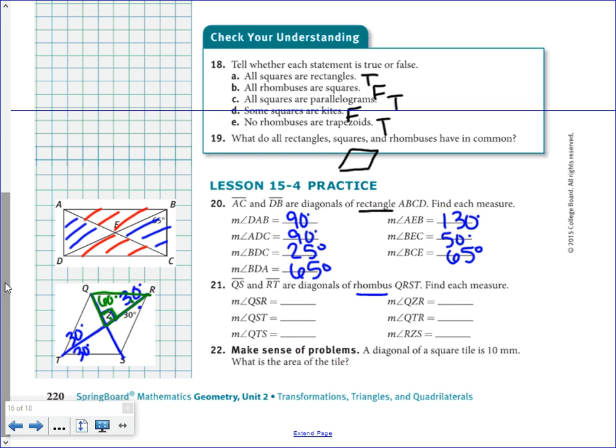So using that information, we know that angle QSR is 60 degrees, angle QST is 60 degrees, angle QTS is also 60 degrees. So the reason that one's 60, QTS is 30 plus 30, which makes 60 degrees. Then angle QZR is 90 degrees, angle QTR is 30 degrees, and angle RZS is 90 degrees.